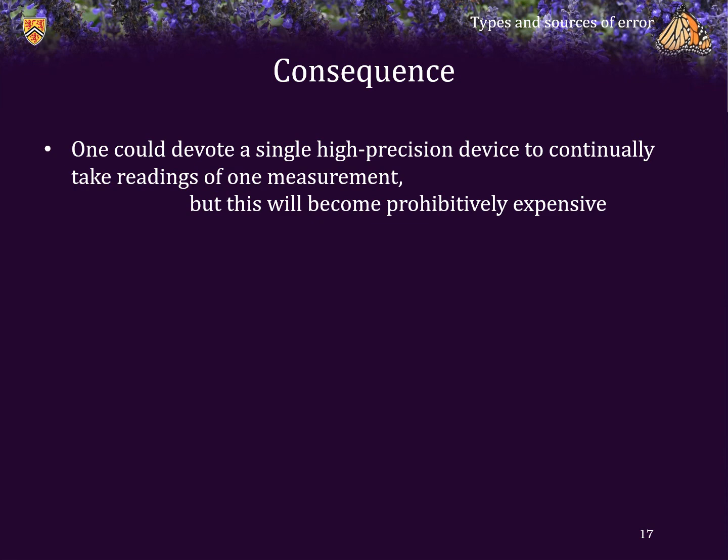Now, one could devote a single high-precision device that is dedicated to taking one reading continually and then responding appropriately depending on what the value is. But this is actually going to become prohibitively expensive.